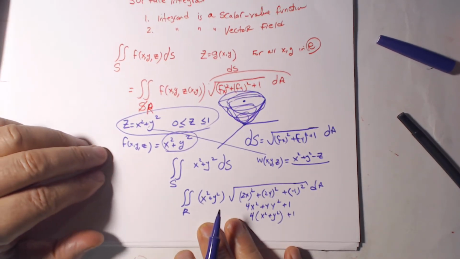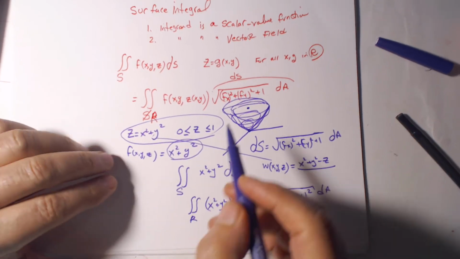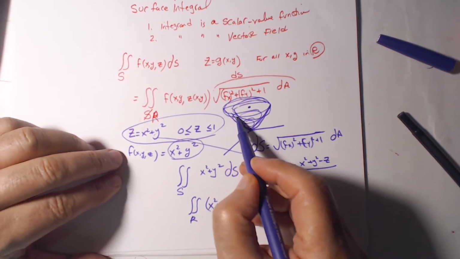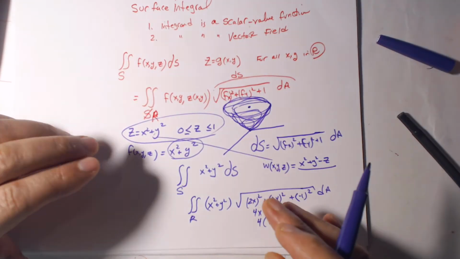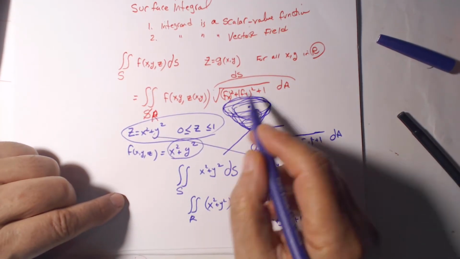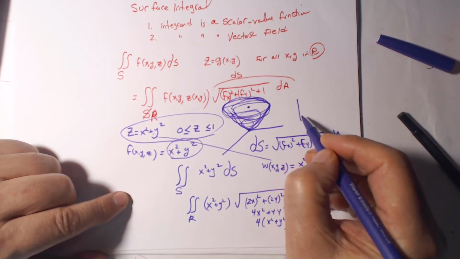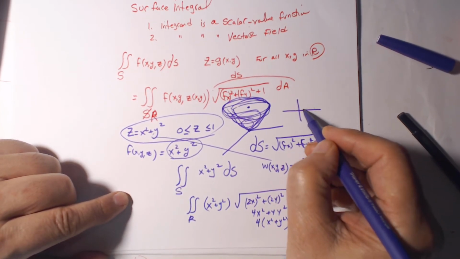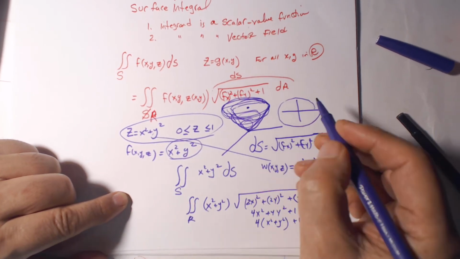Since I'm talking about the region, I need to go back and look at the top of my graph, from the top, and see what the projection of the surface is over the xy plane, and that's nothing except a circle with a radius of 1.